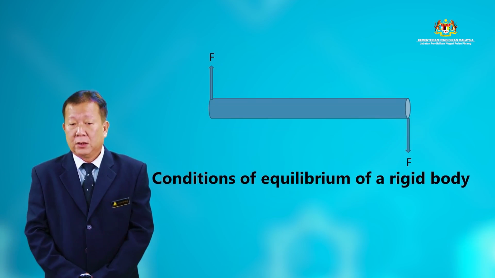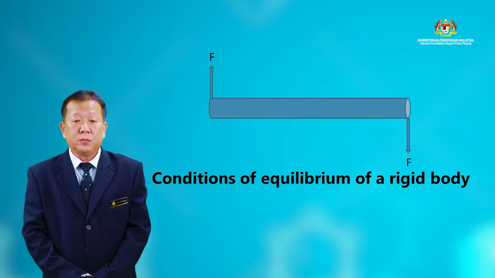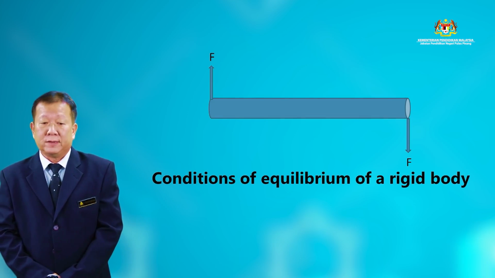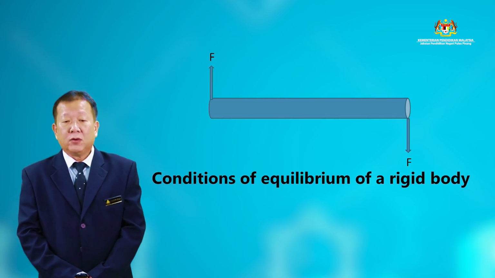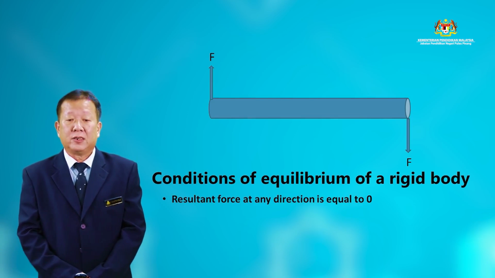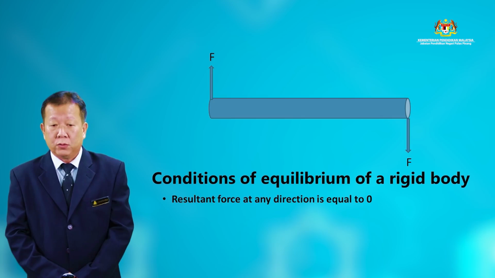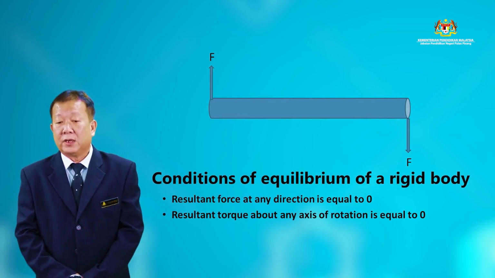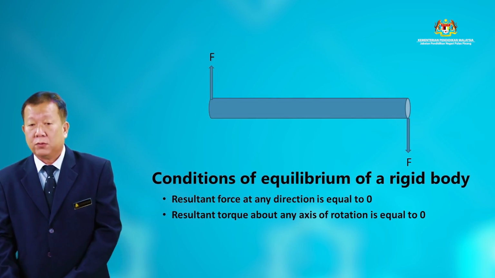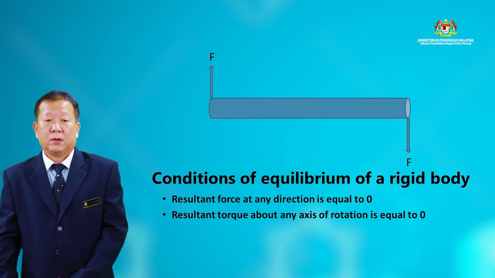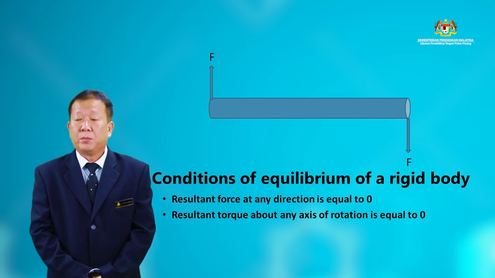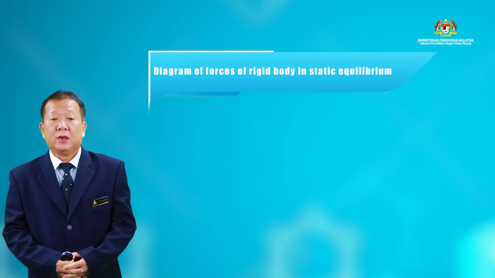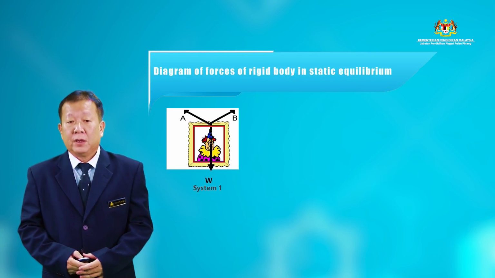So, for a rigid body to be in static equilibrium, two conditions are needed. Resultant force in any direction is equal to 0, and resultant torque about any axis of rotation is equal to 0. What will happen to the diagram of forces of a rigid body in static equilibrium?